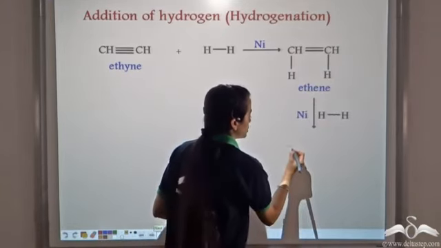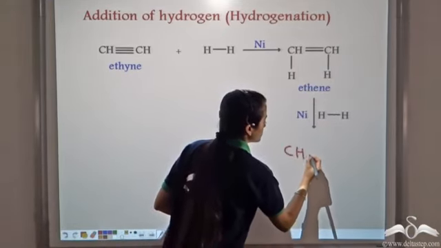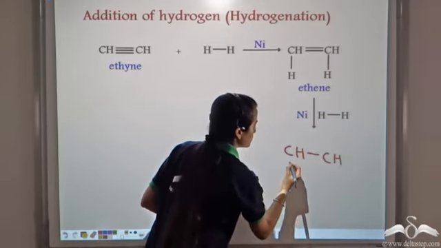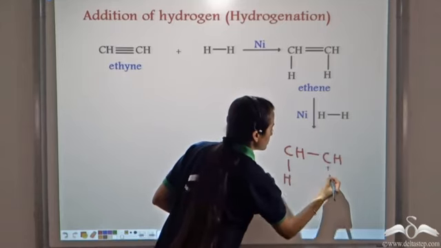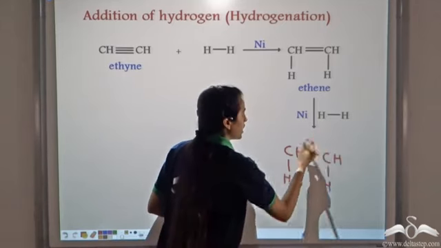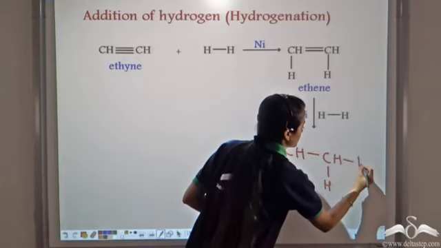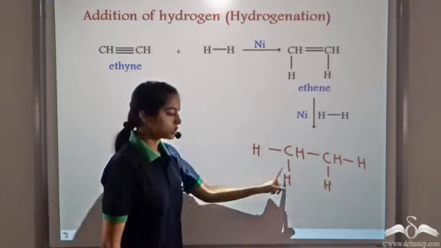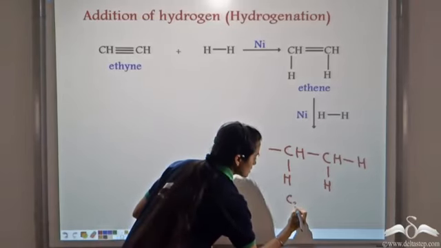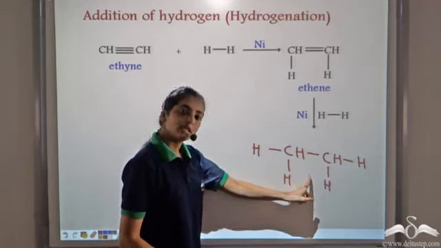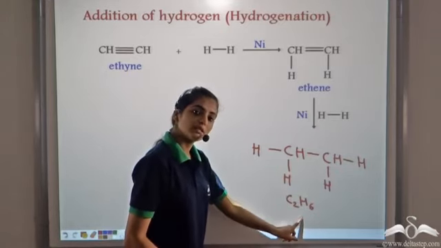So when we have hydrogen atoms, the double bond breaks into a single bond, and each hydrogen atom attaches itself to one carbon atom. So this is C2H6, which is ethane.